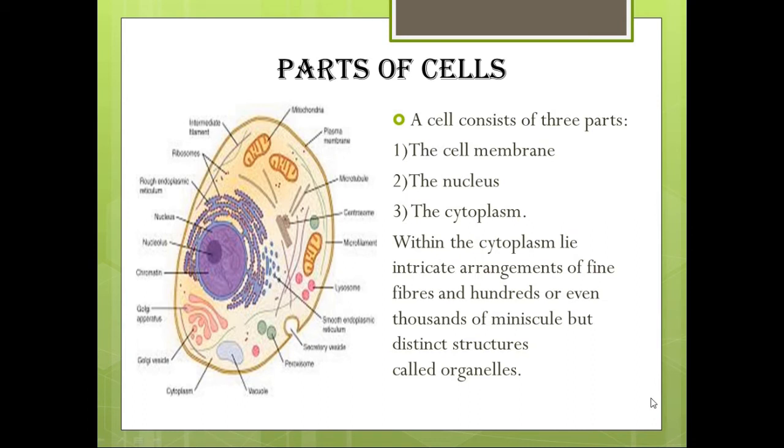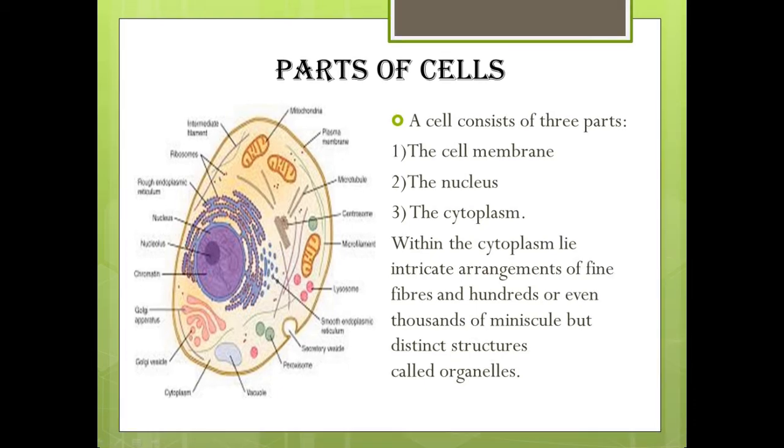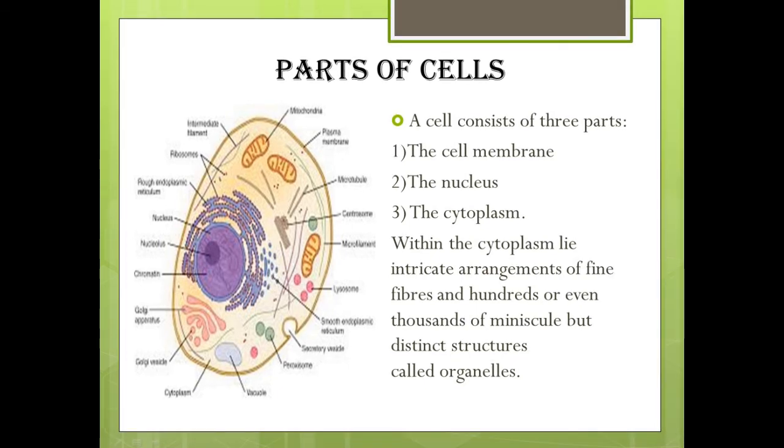Cells contain three basic parts, which are the cell membrane, the nucleus, and the cytoplasm. The nucleus is in the middle, the cell membrane protects the whole cell, and everything inside the cell floats in the cytoplasm, as you can see in the picture. Within the cytoplasm there are many organelles. About organelles we will discuss in the next classes.